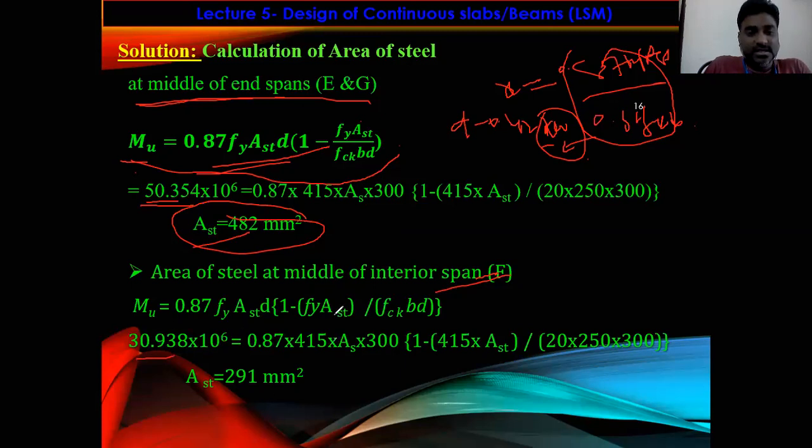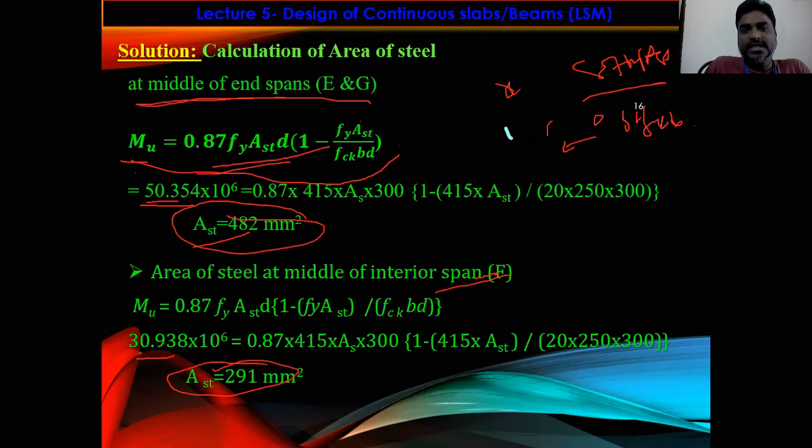The reinforcement required at the middle of interior span is 291 mm². Like this, you have to determine the steel required at each point separately.